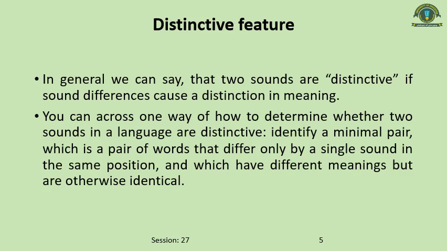The position of the sound is the same. We are replacing the s sound with the z sound. If it is in the beginning, it should remain in the beginning. If it is in the middle, we must replace the middle sound or middle phoneme. If it is the ending sound or the last phoneme, we have to replace only the last sound. Is it clear?